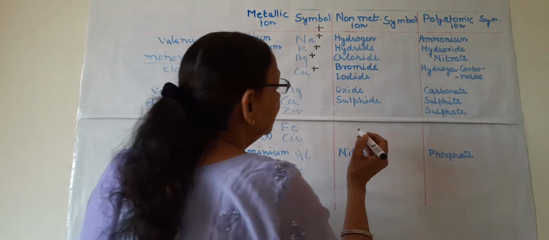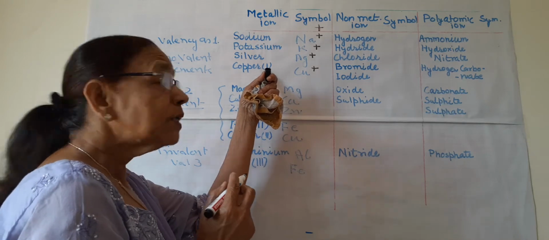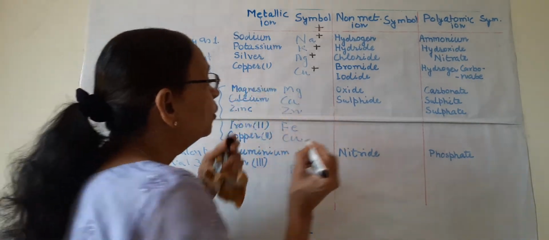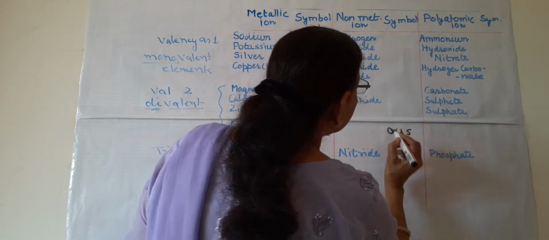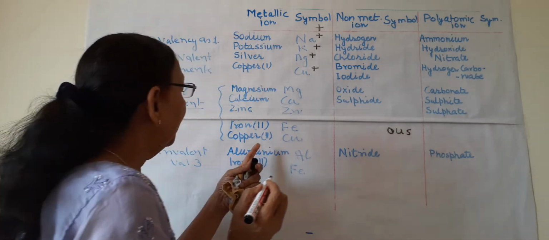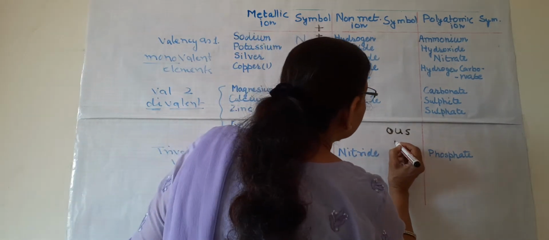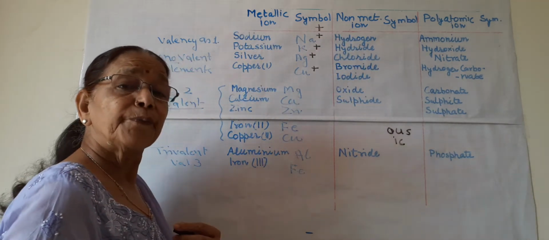If the valency is on the lower side, this is copper 1, then OUS is added as a suffix, and if it is on the higher side, with 2, then IC is added as a suffix.